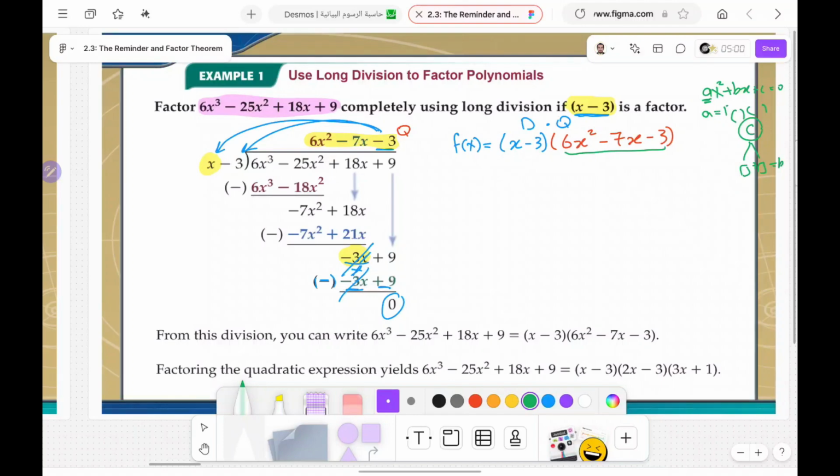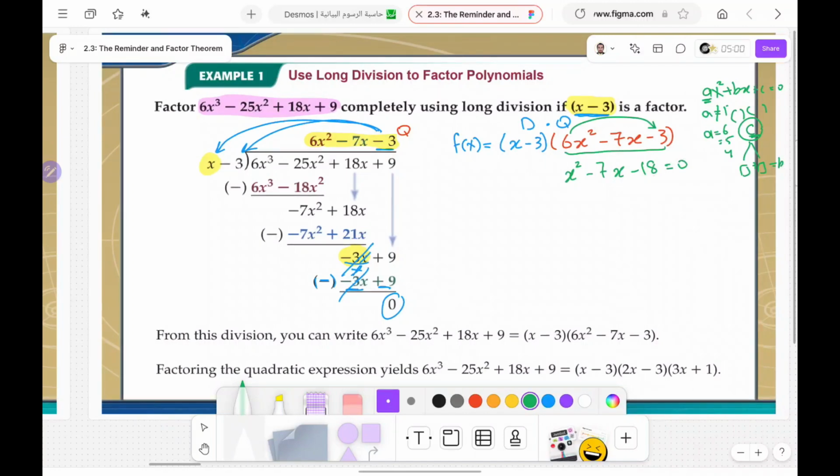But if a is not equal to 1, let's say a is 6, 5, 4, whatever, I can't just take the c directly. Now I have to multiply a with c first. So if I multiply a with c, I get 6 times negative 3, which is equal to negative 18.